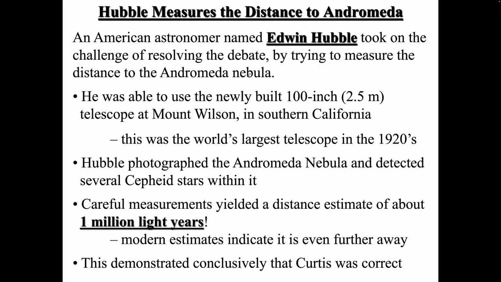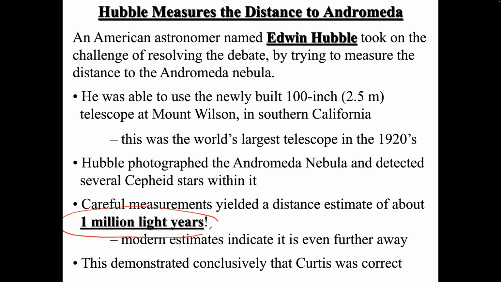So what Hubble did was, with his telescope, he photographed the Andromeda Nebula, and he was able to detect several Cepheid stars within it. He measured the periods of those stars, then used the period luminosity relationship to find the distance to this nebula, and his result was this one right here.